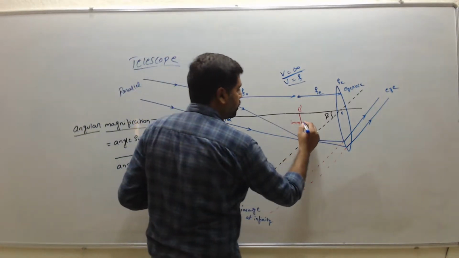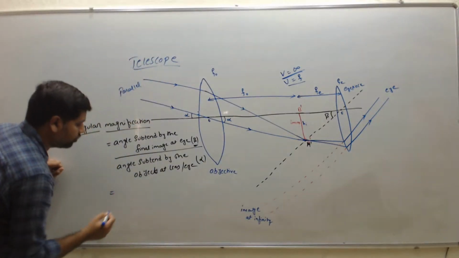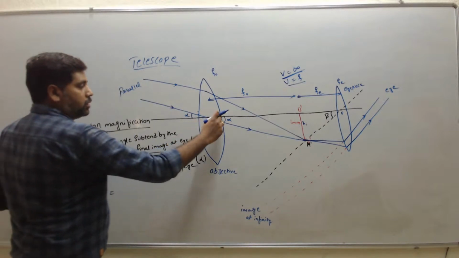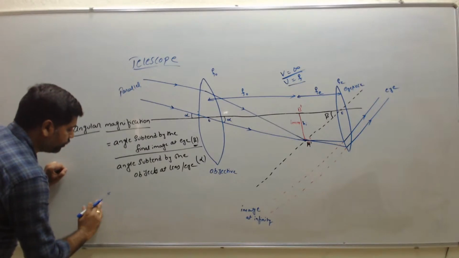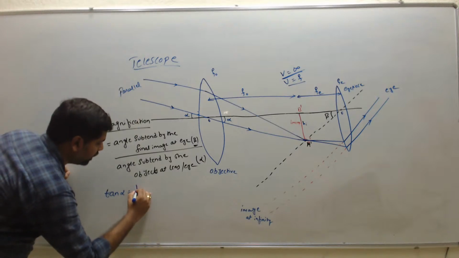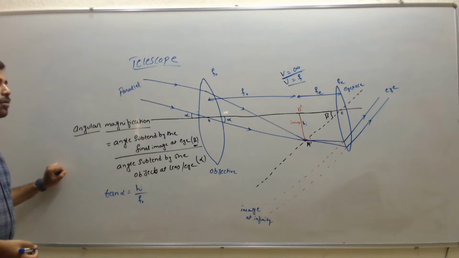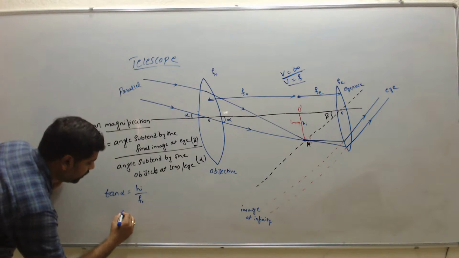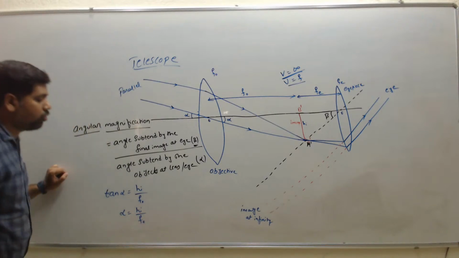If we take the height of the image as hi, then from triangle O B dash A dash, tan alpha equals hi by fo, opposite side by adjacent side. Here the angle is very small, so for a small angle, alpha equals hi by fo.